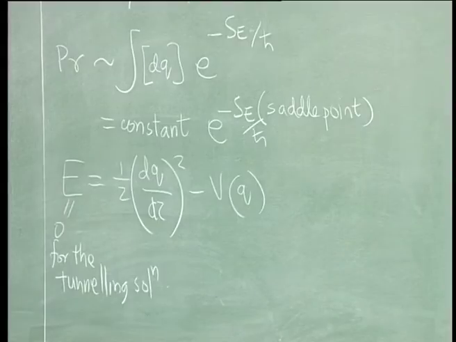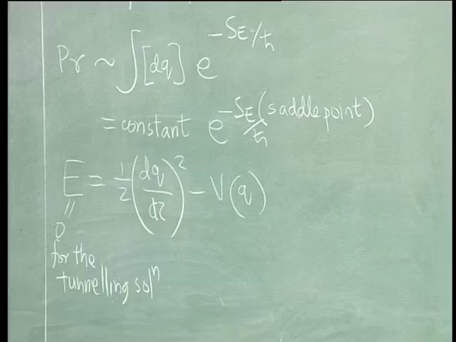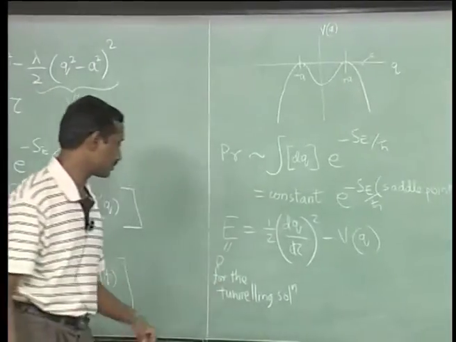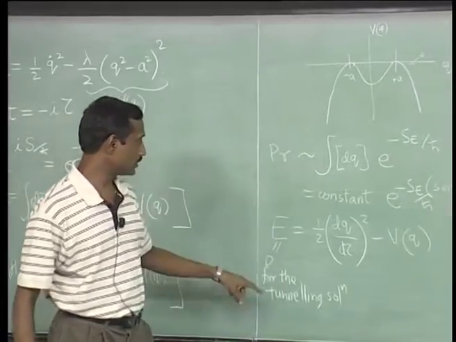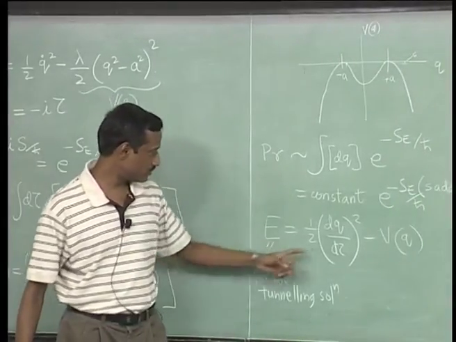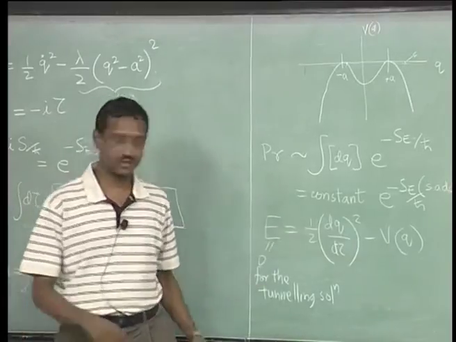The American spelling for tunneling has one L, it bothers me, so I write double L, but that is acceptable. So for the solution of interest we have half d squared q by d tau squared equal to V of q.